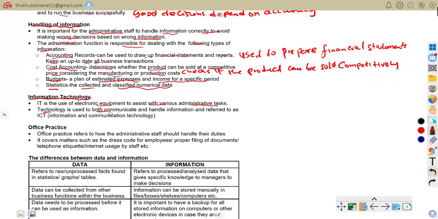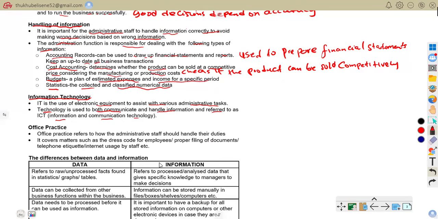Technology is used both to communicate and have information, referred to as information and communication technology, ICT. So technology is used to store and communicate information. For example, using MS Excel to store customer data.